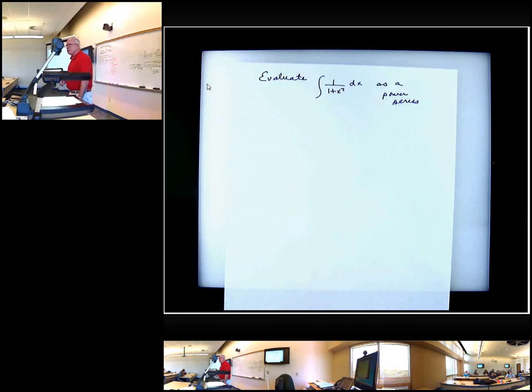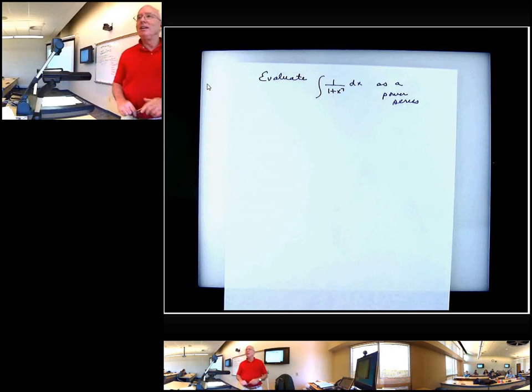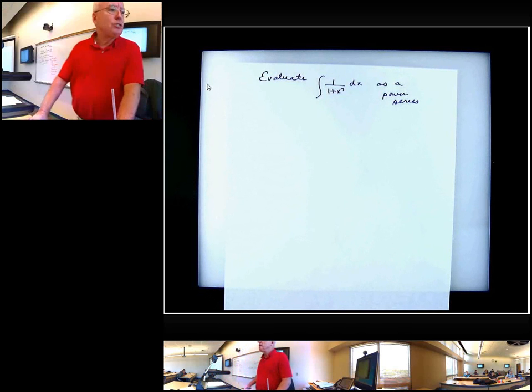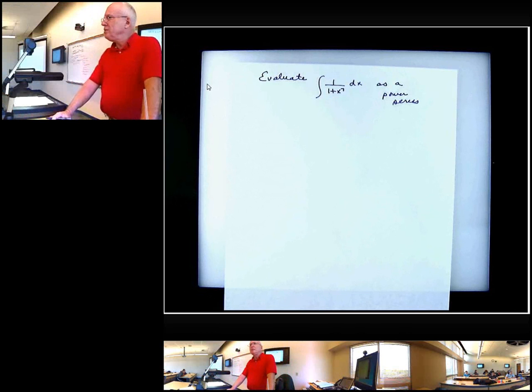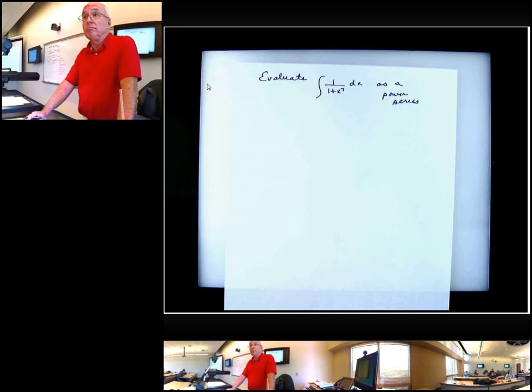Any ideas on what we would even try to do? Some kind of substitution, maybe even a trig substitution. Tell you what, I don't know. So I don't know what that antiderivative is through the substitution ways that we've had, all right?